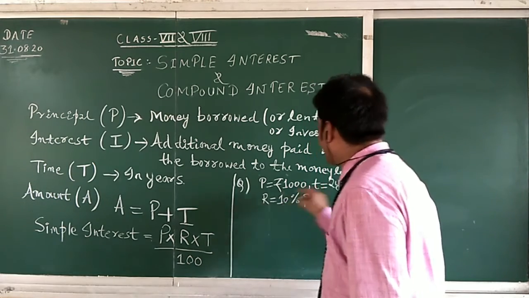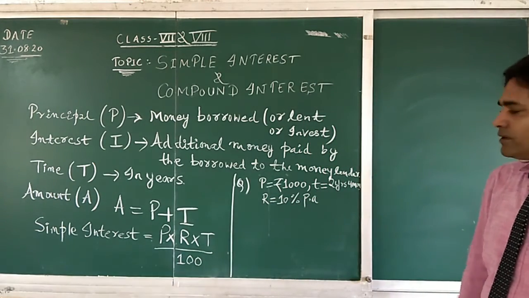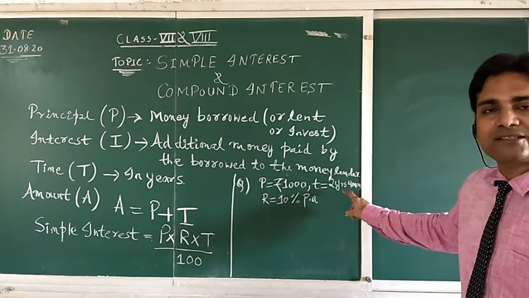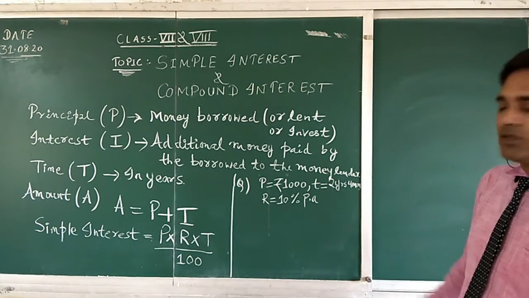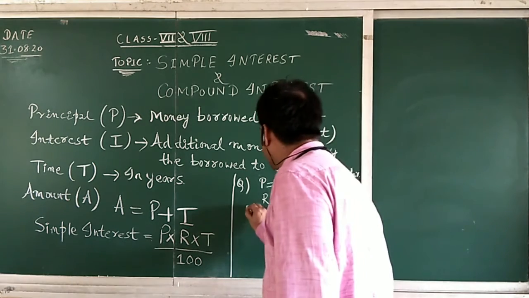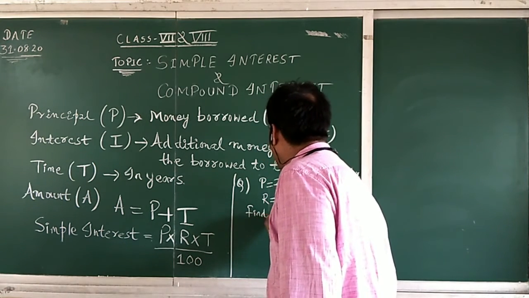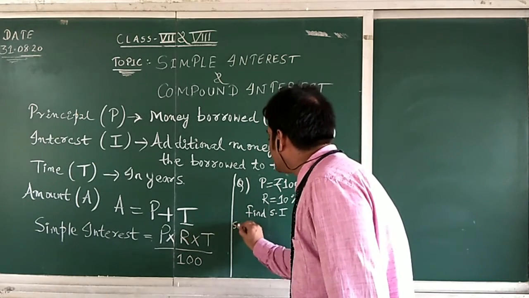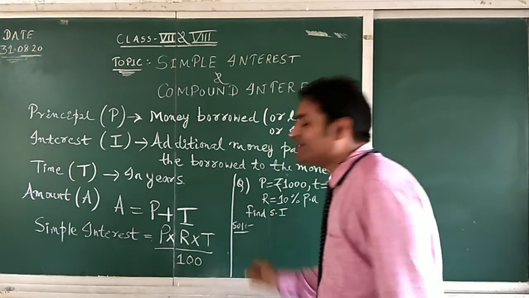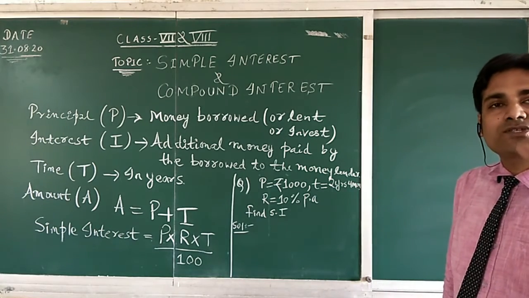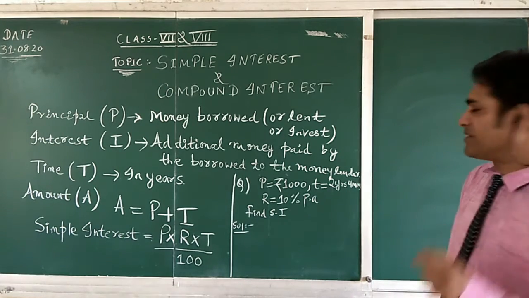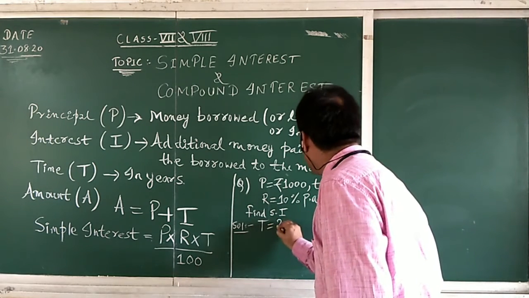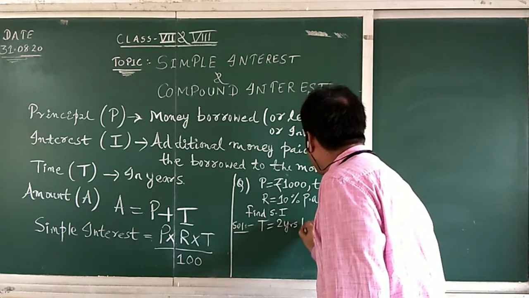By solving this problem, first of all you have to convert the time into years. Here you have to calculate simple interest with the formula, but for that, first you have to convert the time into years.